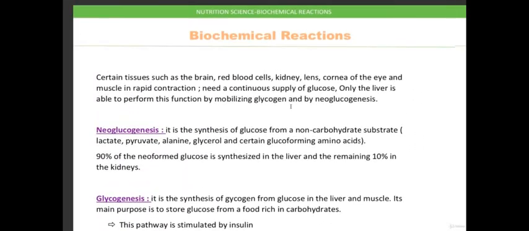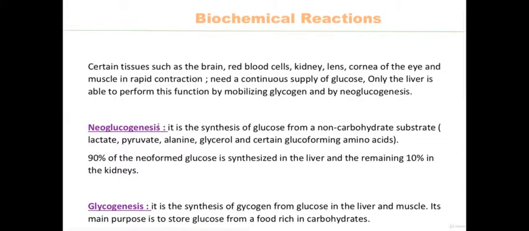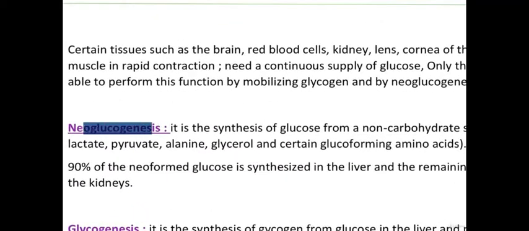Certain tissues such as the brain, red blood cells, kidneys, lens, cornea of the eye, and muscle in rapid contraction need a continuous supply of glucose. Only the liver is able to perform this function by mobilizing glycogen and by neoglucogenesis. Well, what is neoglucogenesis?